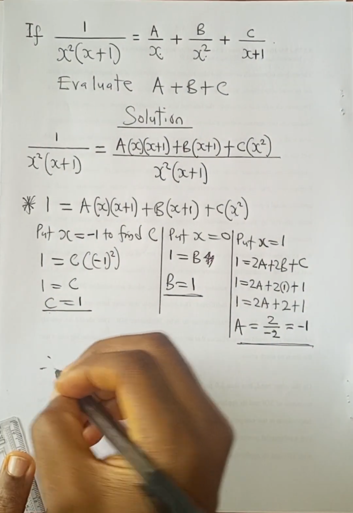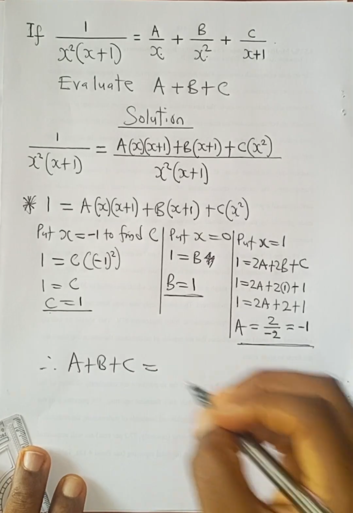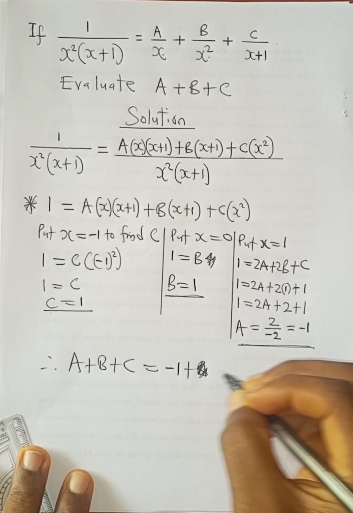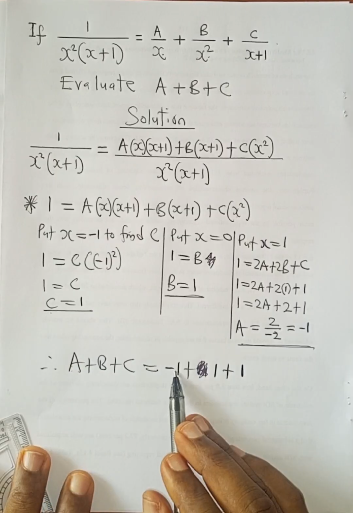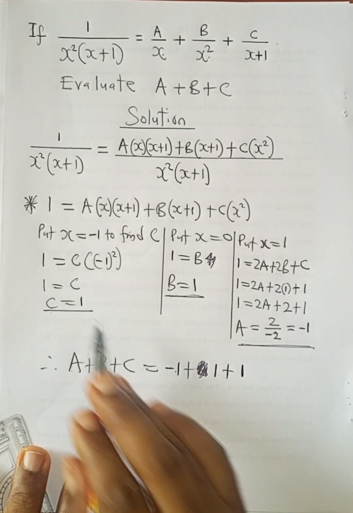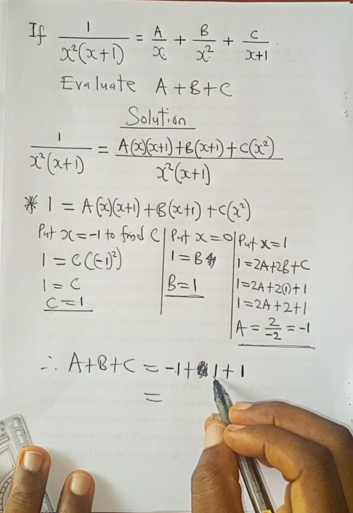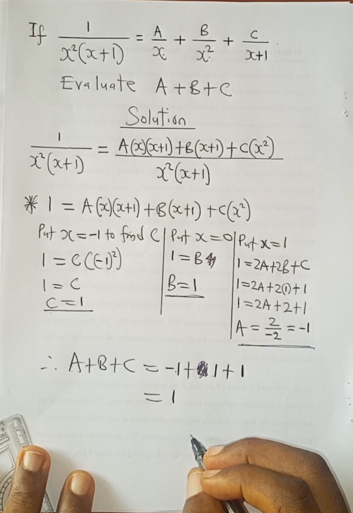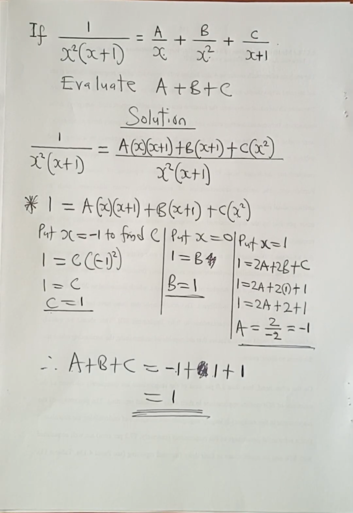So we'll now come here and say, therefore, A plus B plus C is equal to minus 1 plus 1 plus 1, because A is minus 1, B is 1, C is 1, which will give us minus 1 plus 1, 0, 0 plus 1, 1 as a total. Does that make sense? That should.